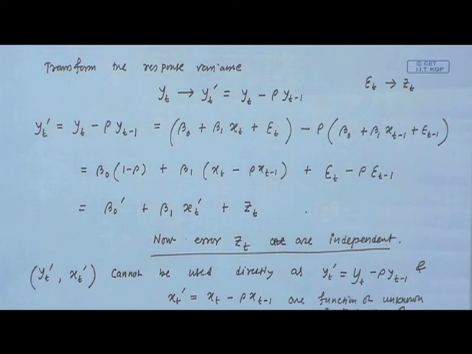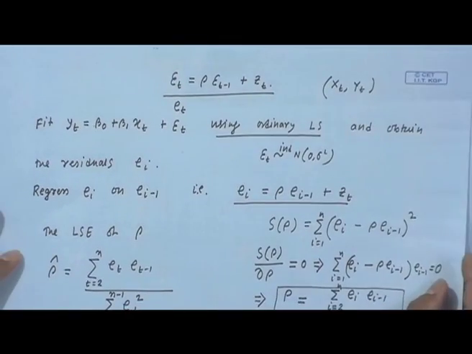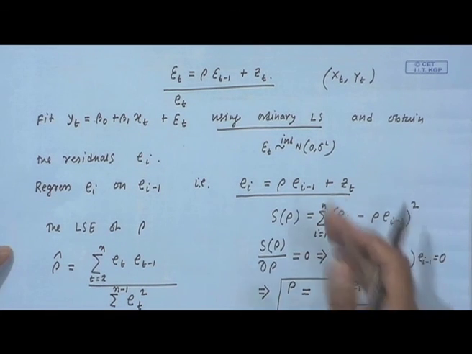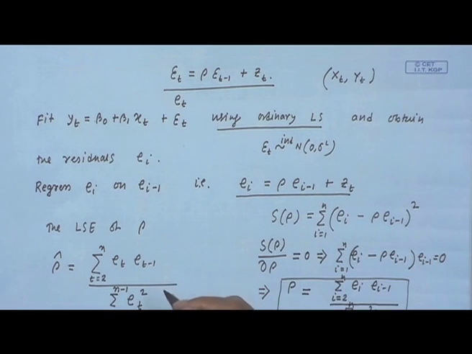And that is why you can use the ordinary least square technique on this transformed data, but the problem again is that this x t prime and y t prime involve some unknown parameter rho, and we talked about how to estimate that rho.